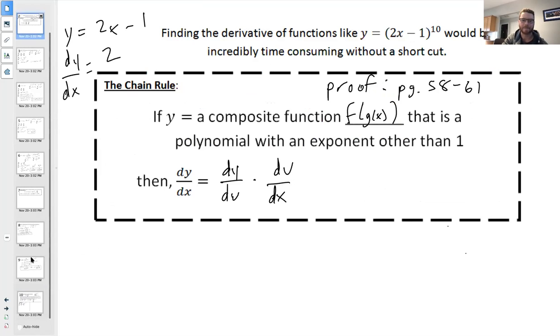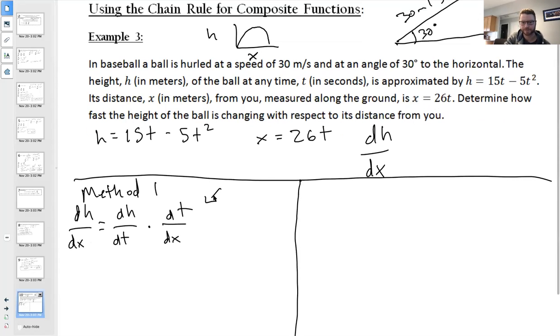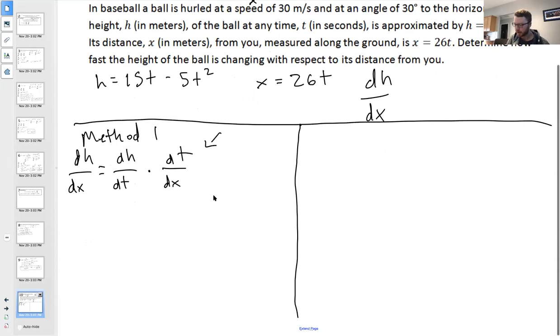So it's just changing the variables of that chain rule. If you were given a question like this, I will give you this setup right here. Okay, sounds good. Really good question.